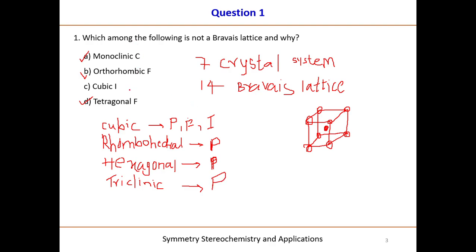While in case of the monoclinic, there are 2 systems present. First one is cubic and the second one is primitive.